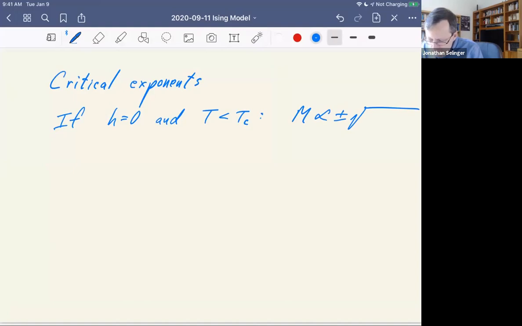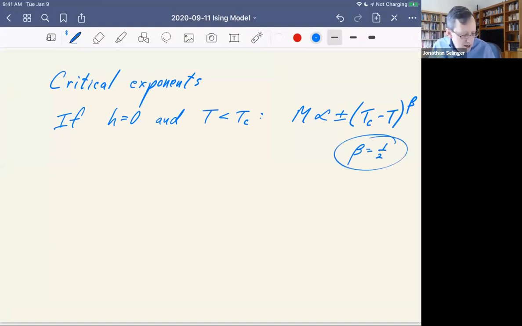Well, I won't say it as a square root, I'll say it as a beta power. Plus or minus TC minus T to the beta power. And we found that beta is 1/2.